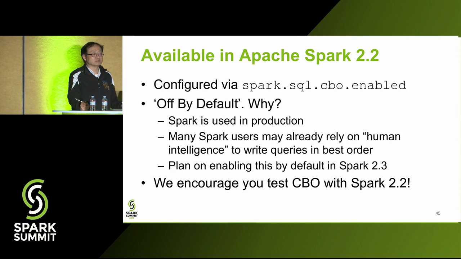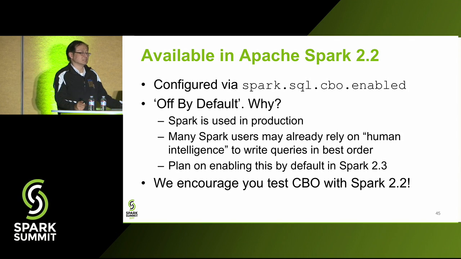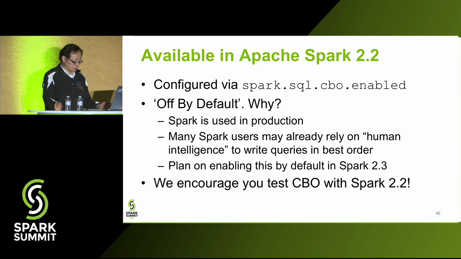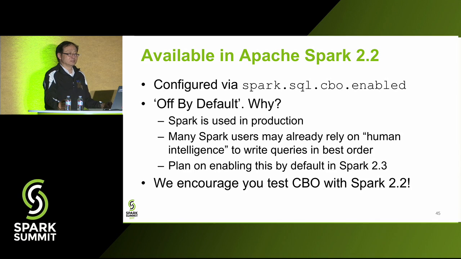Because as of today, Spark is used in production at many sites, and we do not want to change the system's default behavior. We do plan to enable CBO by default in Spark 2.3. So I really encourage everyone to play with CBO in the Spark 2.2 release.